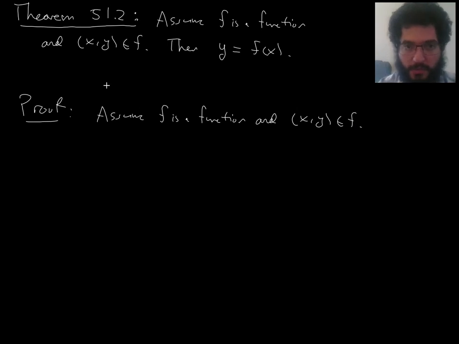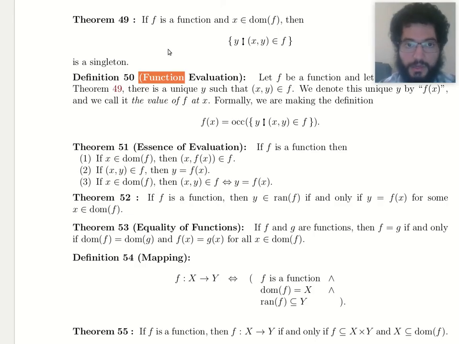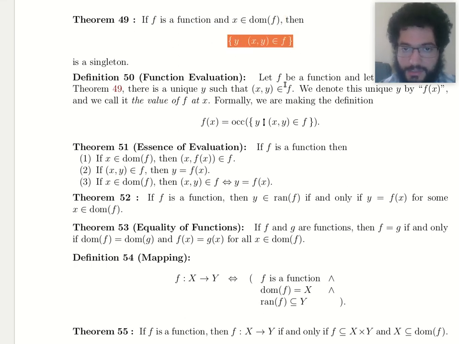So one way to go, here's a first thought. After doing theorem 51.1, a first thought is, look, if this pair is in F, then that means x is in the domain of F, right? Because x comma something is in F. So we are in a situation where f is a function and x is in the domain of F, and so this is a singleton.